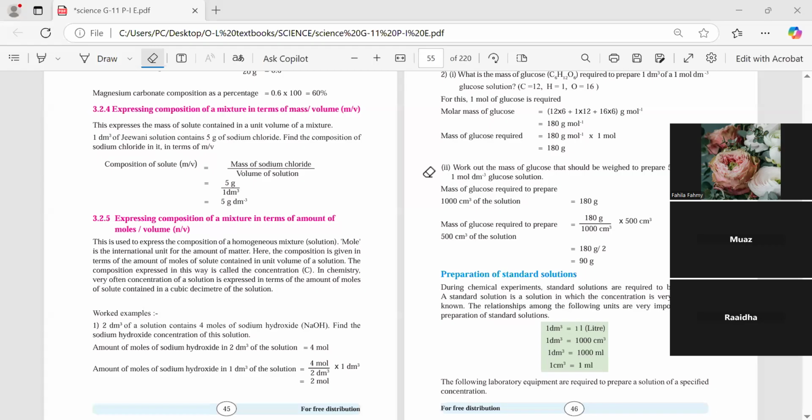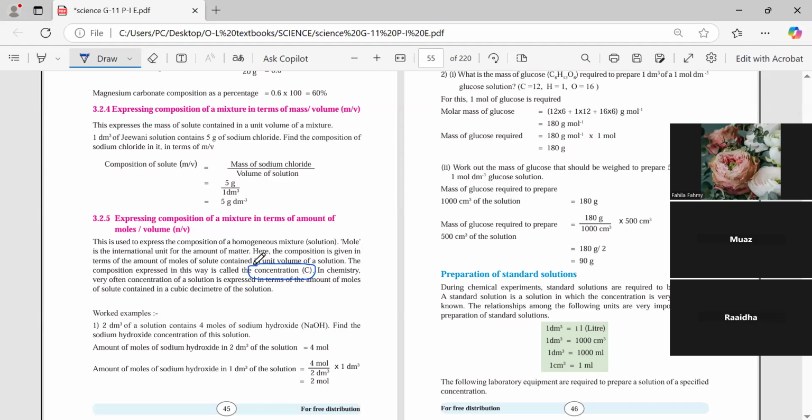So, what do we mean by moles per volume? Why did I say that it is very important? Because how many moles are there per volume? So why is it important in chemistry? Because we often use this in chemistry.